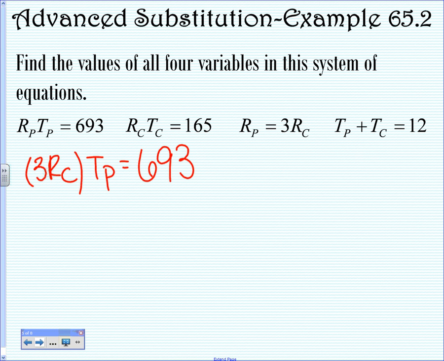Okay, we can say CT equals, yes, 12 minus CT. Instead of CT over here, what can I put in? See how that works?